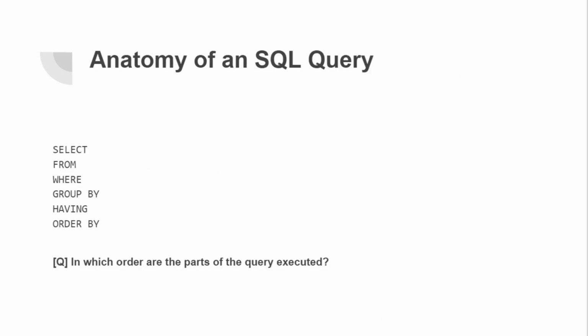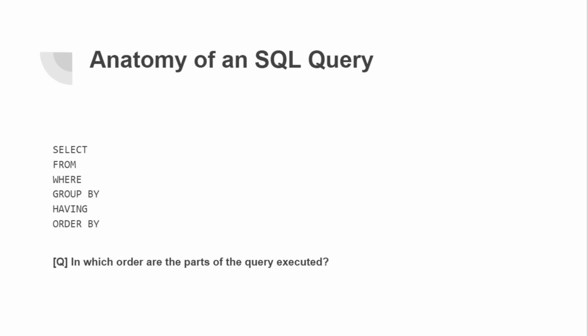To finish up the introduction part, let's go over real quick the anatomy of an SQL query. An SQL query usually looks like SELECT, FROM, WHERE, GROUP BY, HAVING, and ORDER BY. But this is not actually the way the database executes your query. So I want to do a first attempt at interacting with the group.